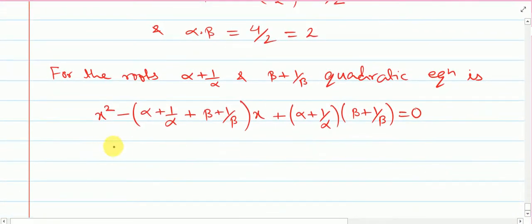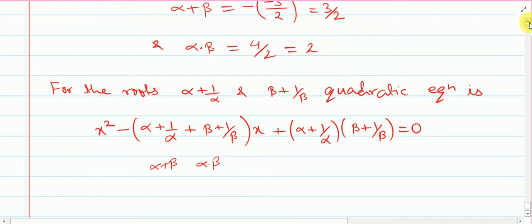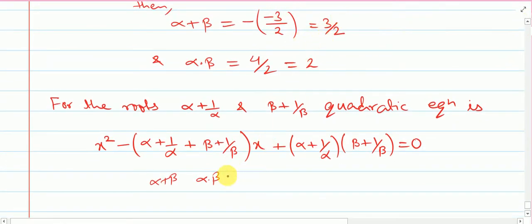Now what we are going to do, we will simplify these terms, okay, and these, and make sure that whatever expression you get here, it should contain alpha plus beta and alpha into beta, okay, so that you can easily substitute these values, okay.